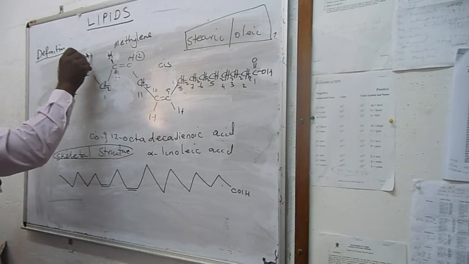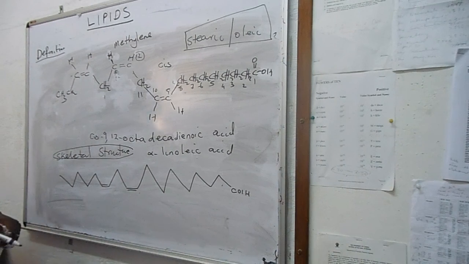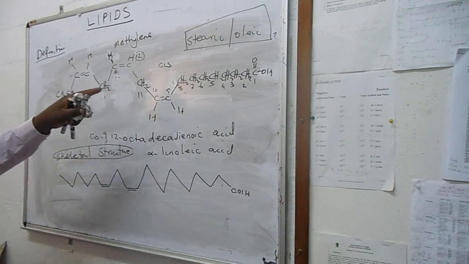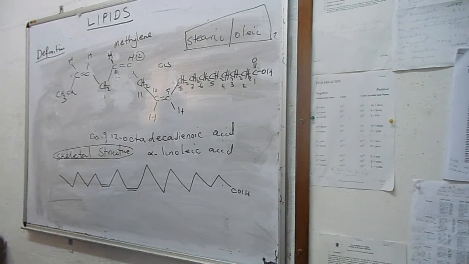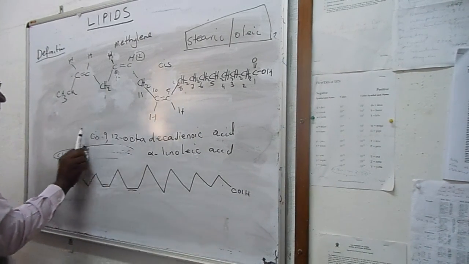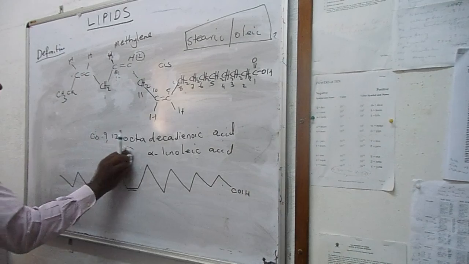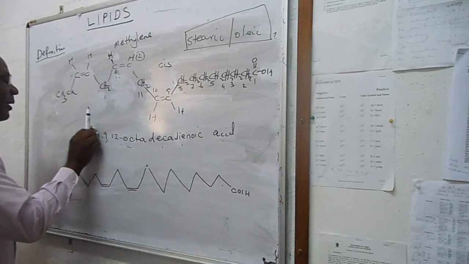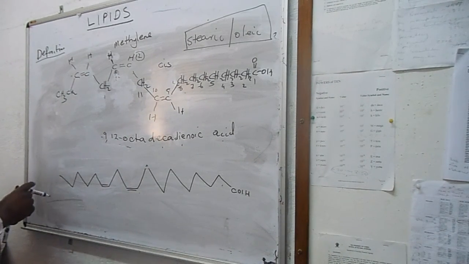So we have a hydrogen there. It still has 18 carbons, except that it has the third double bond.